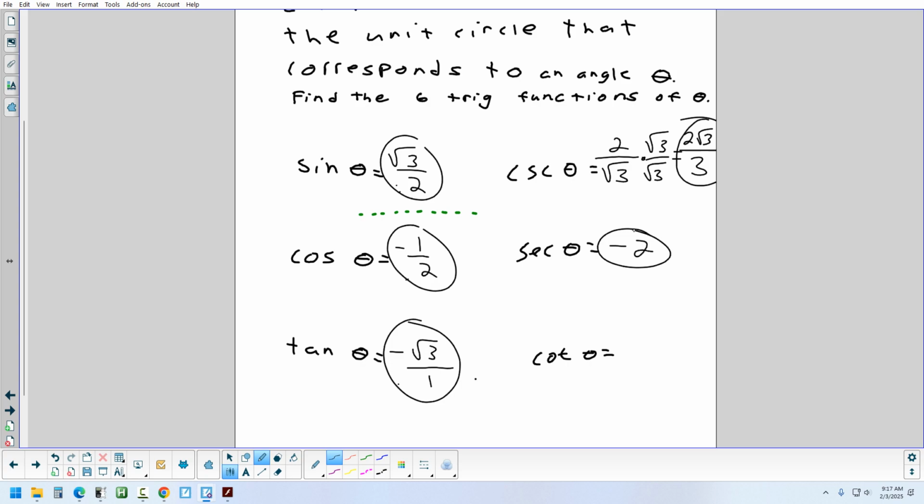Can someone explain, how do you get cotangent? X over y. Okay, which is really, can you relate it to one we've already done? Flip the tangent. Yeah, we've already done the tangent, so just flip that, and you'll get your cotangent. Felicity, what do I get when I flip that?